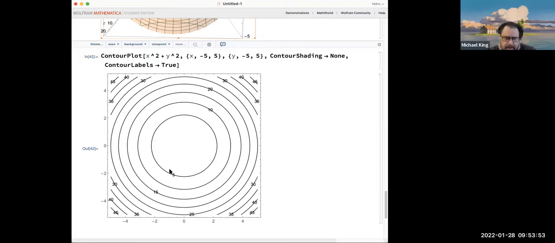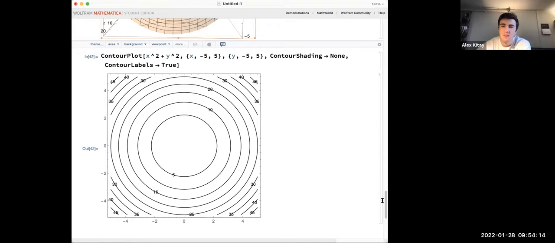Now, this should look familiar to you. You may do a lot of hiking, like when you're trying to set up a route for your hike or something. What kind of map do you look at? What kind of map does this remind you of? Topographic. Yeah, a topographic map, right?